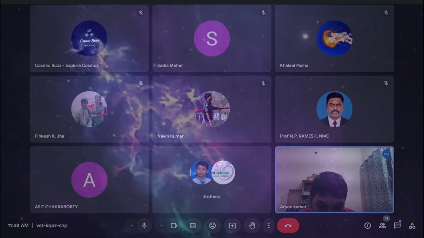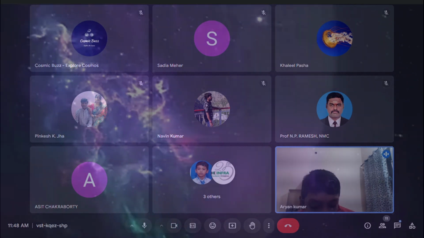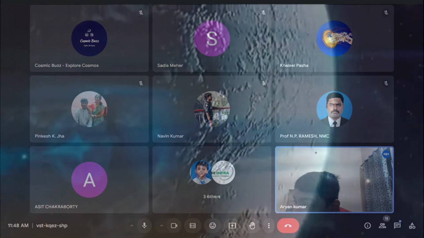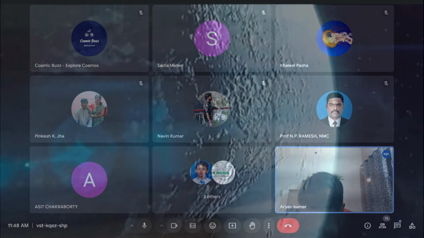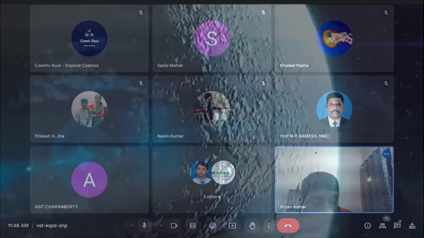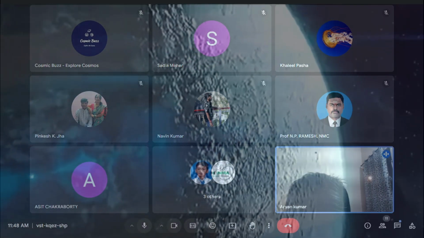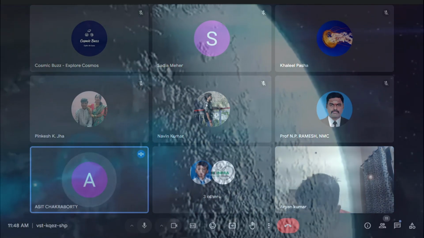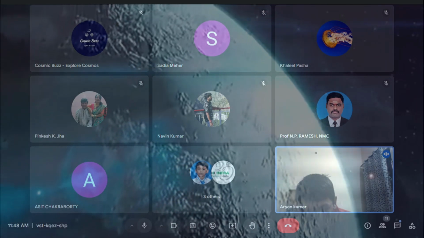Okay. Some scientists also joined from Kolkata, the Bhabha Atomic Research Centre. He worked there. Did you know what was going on? I don't know. Okay, I will explain to you.